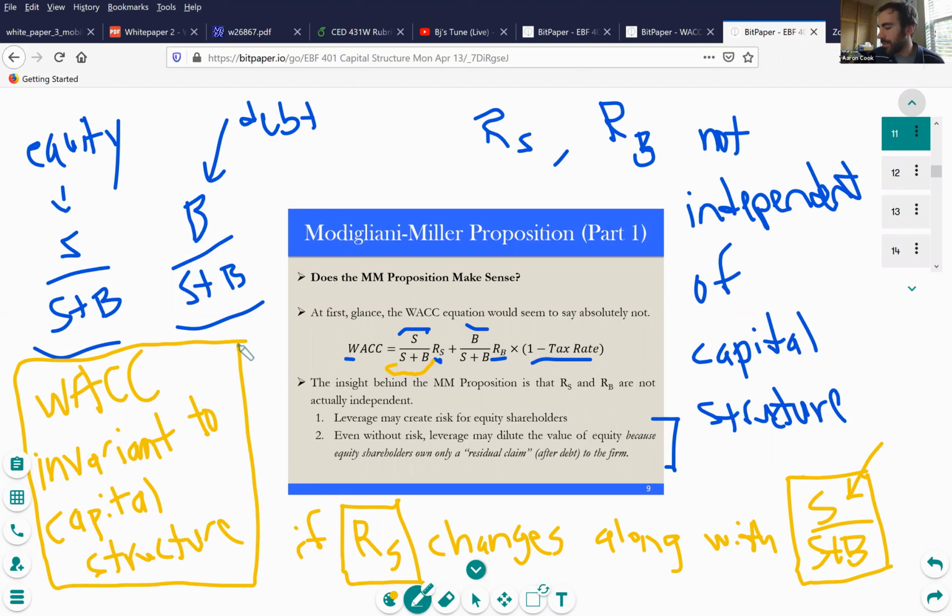If you've looked ahead at the textbook, you'll know that's the case where WACC is invariant to capital structure under the conditions of no taxes and no transaction costs for investors, and under the assumption that investors have access to the same rate of borrowing as the firms themselves.